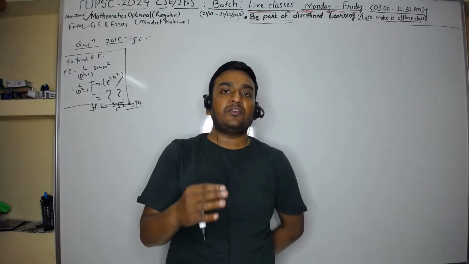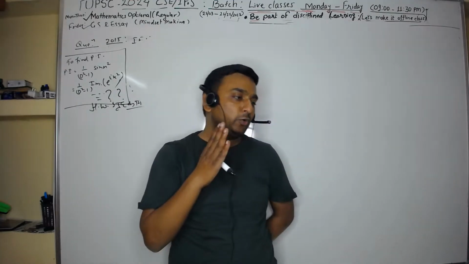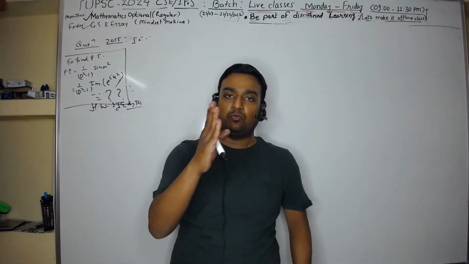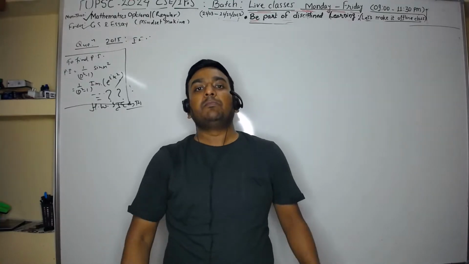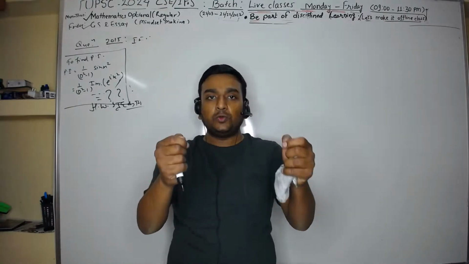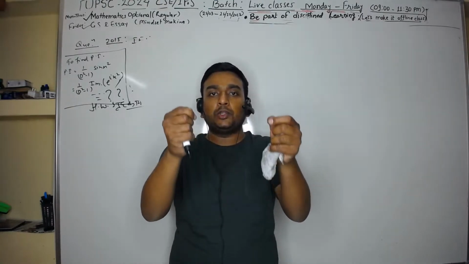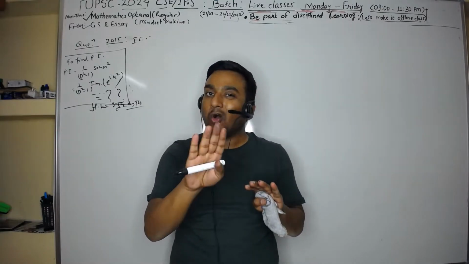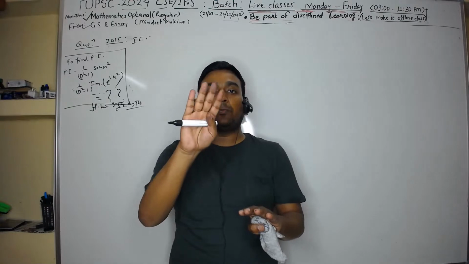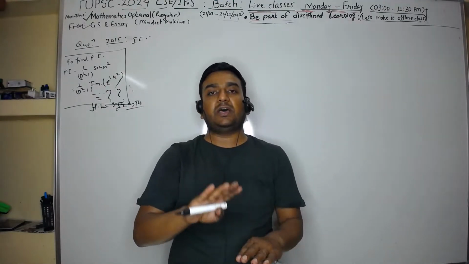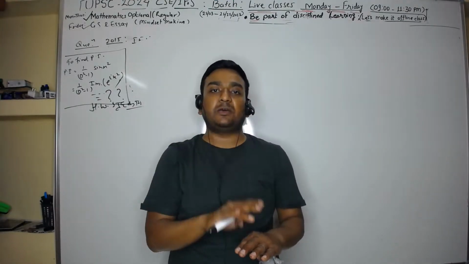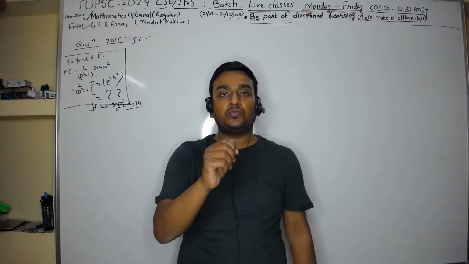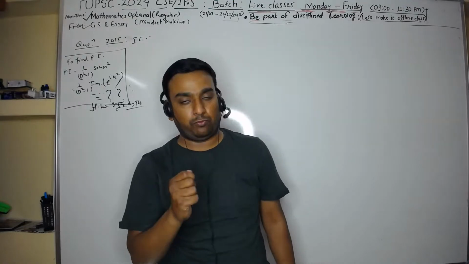The differential equation will be reduced in the form d2y over dz square plus p1 dy over dz plus q1 y equals to r1, where p1 is d2z over dx square plus p into dz over dx divided by dz over dx ka whole square. q1 is q upon dz upon dx ka whole square. r1 is r upon dz upon dx ka whole square. These are the four methods to solve such differential equations.